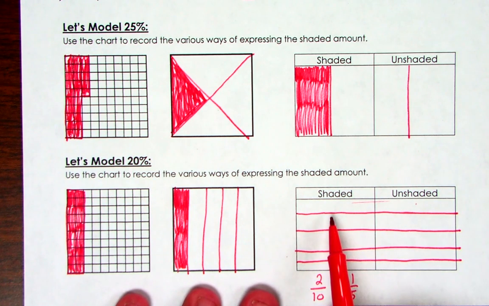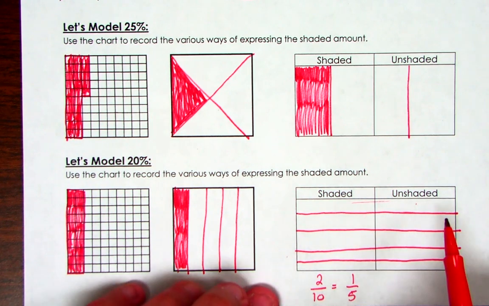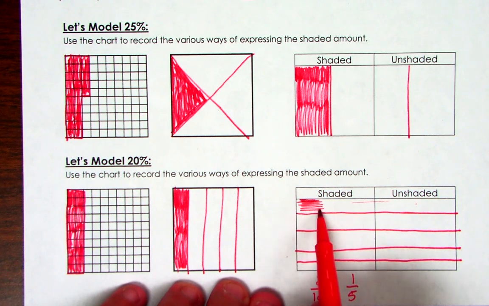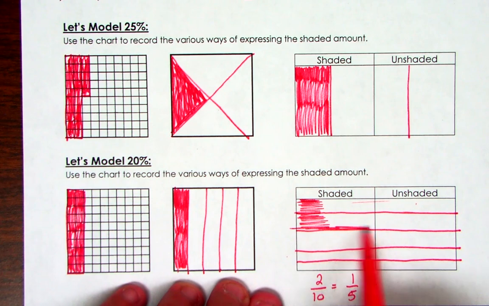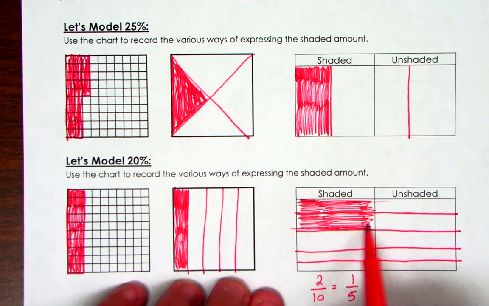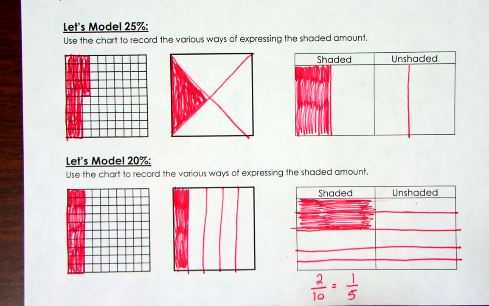Or if you want to shade in 2 of these and leave 8 of them undone, it's the same exact answer. So I'm personally going to shade in 2 of them. Once again, 2/10 is the same as 1/5, still 20%.